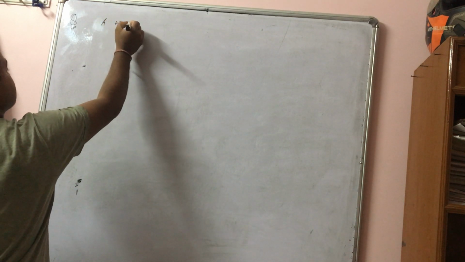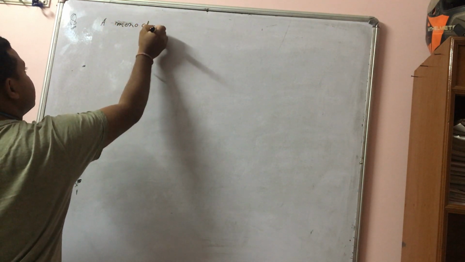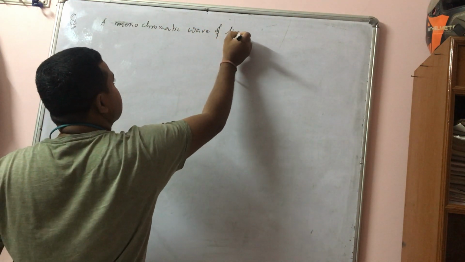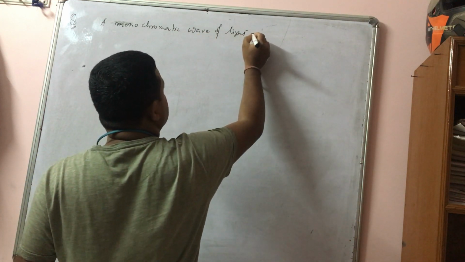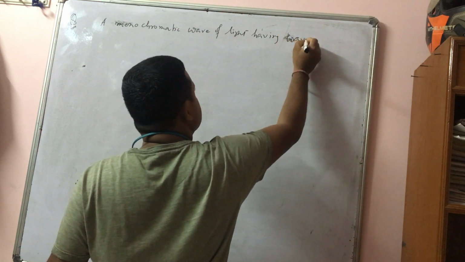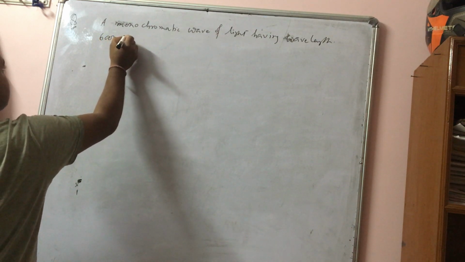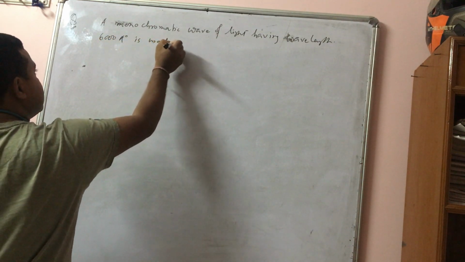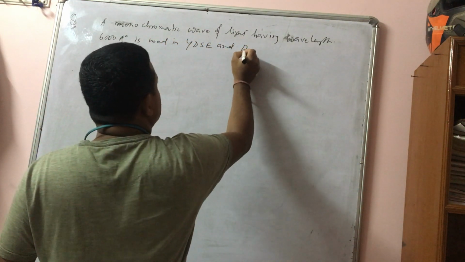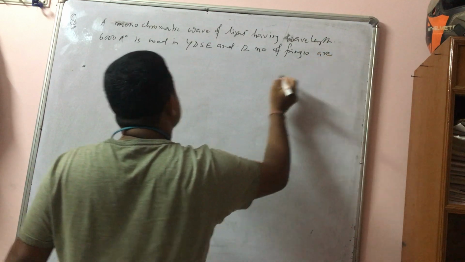A monochromatic wave of light having wavelength 6000 Armstrong is used in Young's double slit experiment, and 12 fringes are formed.